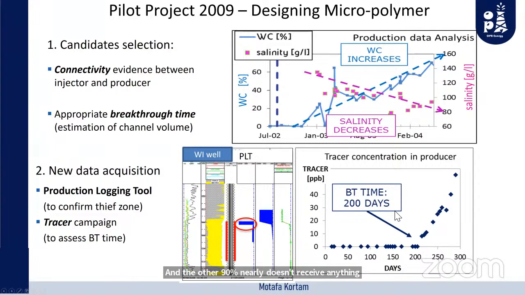So now everything is well known and quantified, and we are quite confident about the effects that would appear within a shorter time, or within less than a year. And we have confirmed the safe zones, and the tracer campaign also assessed precisely the breakthrough time.